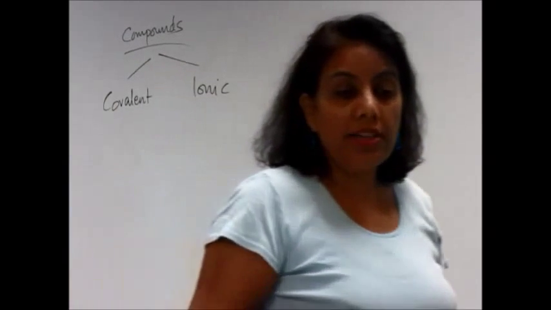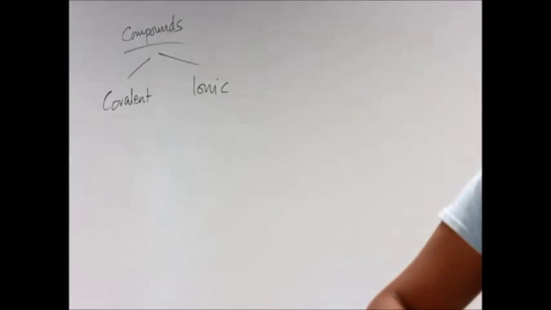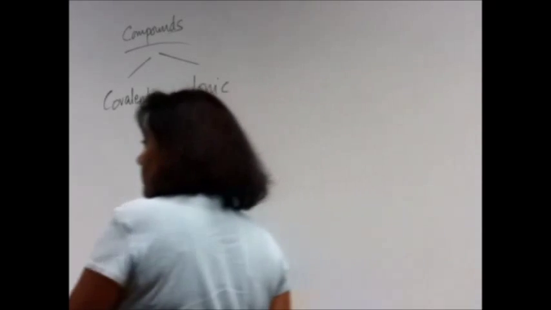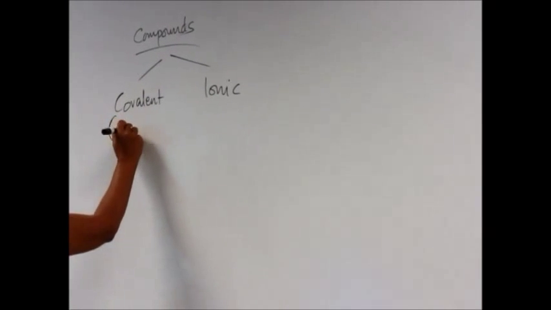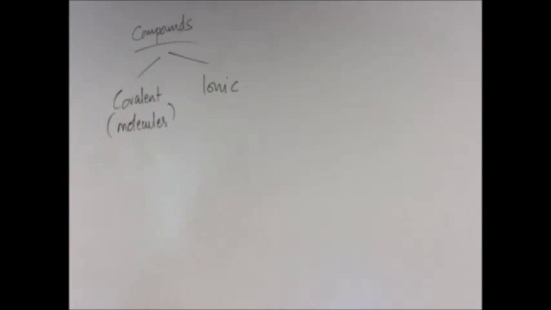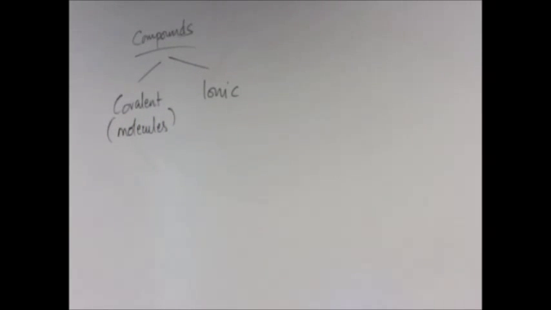So there are two kinds of compounds that we talk about. Covalent compounds are also called molecules. So they exist as molecules, as we say. So for example, any example that I give you, for covalent compounds like water, that can be considered a molecule.